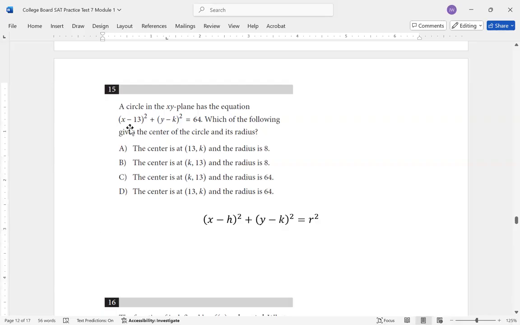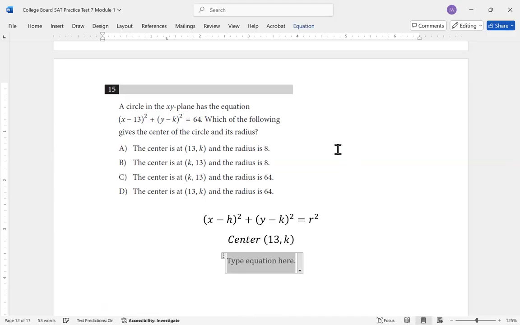If I match that up to my circle, that means the center would have been 13 comma k, and the radius would have been, well, since 64 is equal to radius squared, the radius would have had to have been 8.